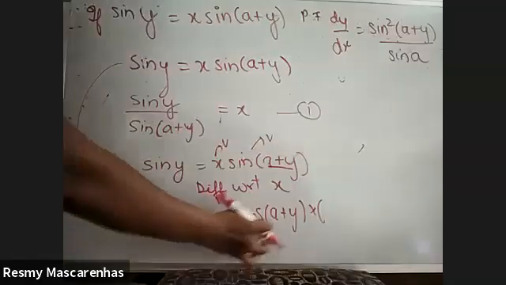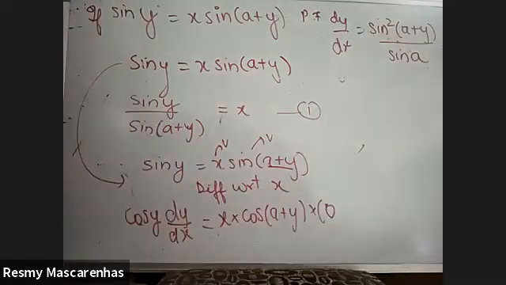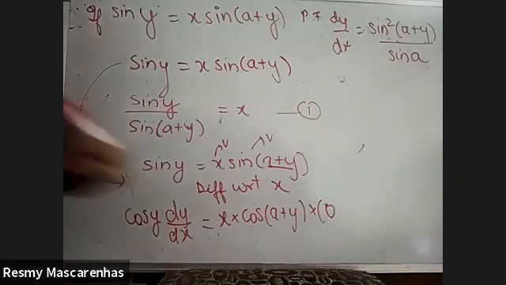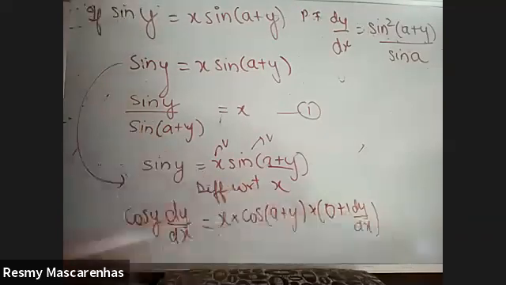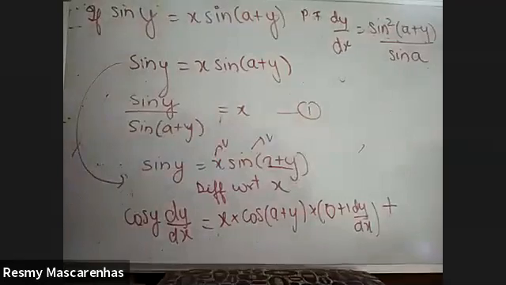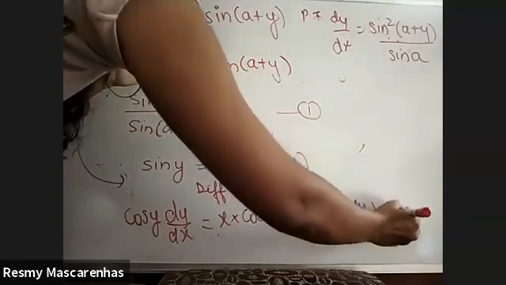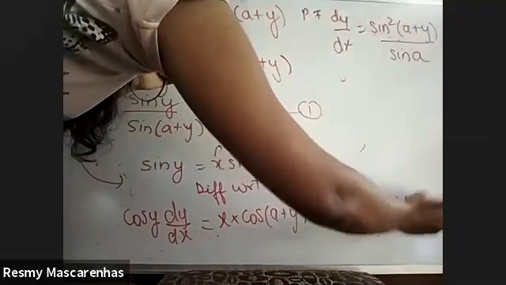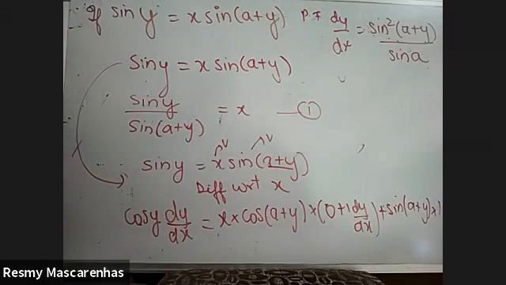So derivative of a will be 0, and derivative of y will be 1 dy by dx, plus sine of a plus y into 1, that is u into derivative of v plus v into derivative of u.